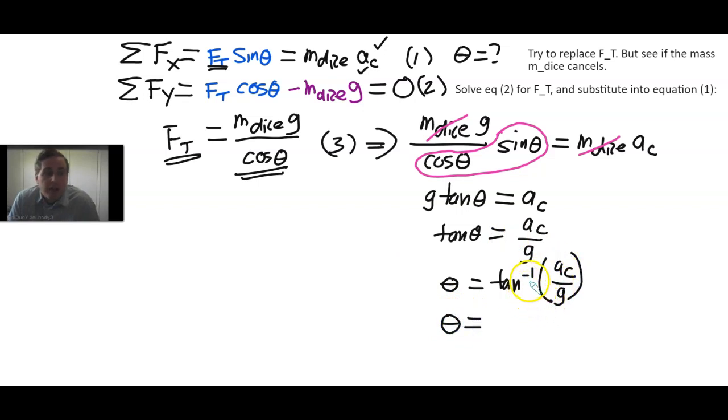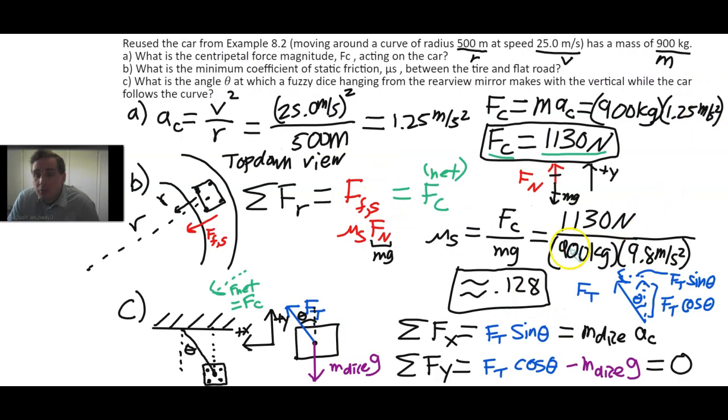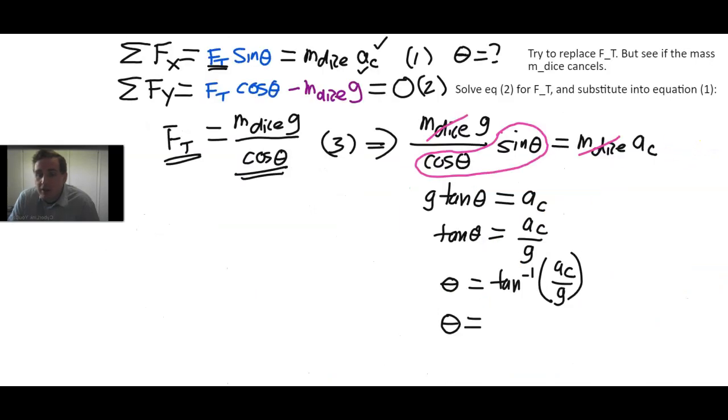Now, by the way, AC divided by g we actually did in a previous video, and I essentially already did that on the previous board. Because AC divided by g is the same thing as m times AC over m times g. So the m's would cancel. You get AC divided by g. So this right here is exactly the inverse tangent, the same thing as arctangent, of 0.128.